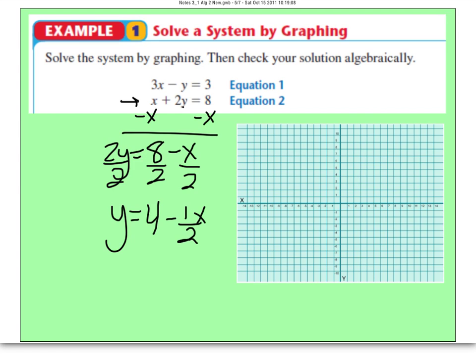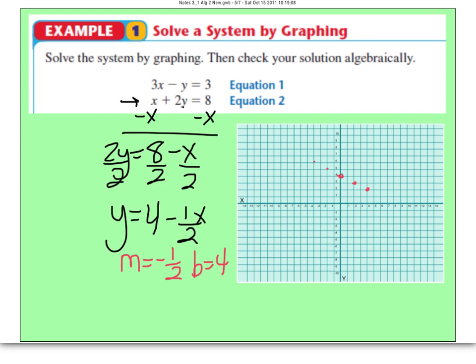Now to get the y-intercept and slope, be careful. I have it backwards here. The slope is always in front of the x, so it's negative 1/2. The y-intercept is 4. So I will plot the y-intercept of 4. For the slope, I'm going to do negative 1 over 2, so I'm going to go down 1 to the right 2. Down 1 to the right 2.